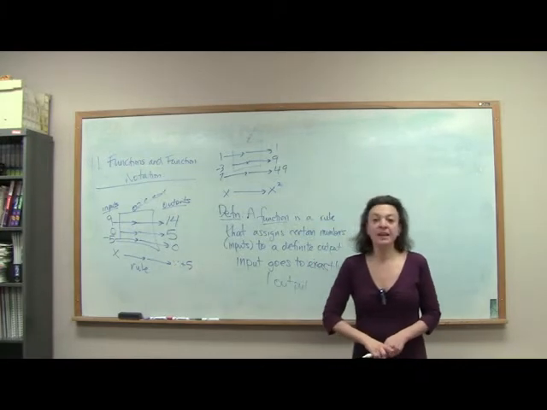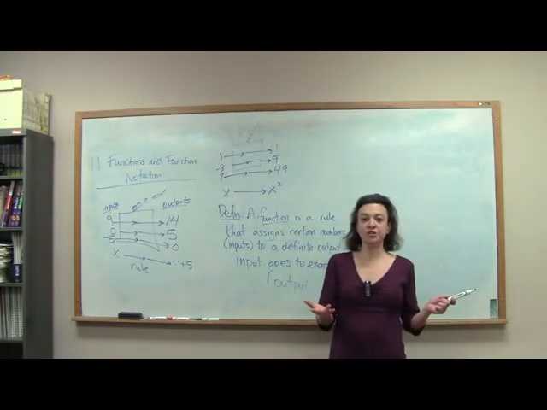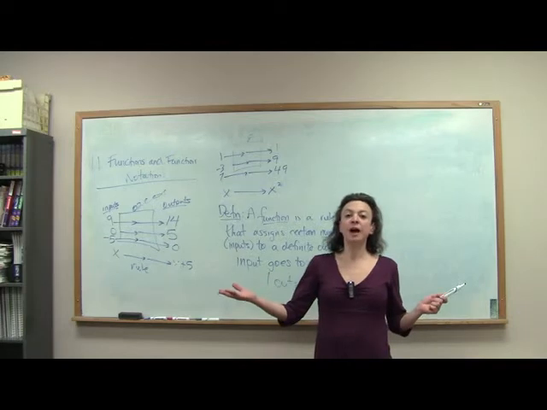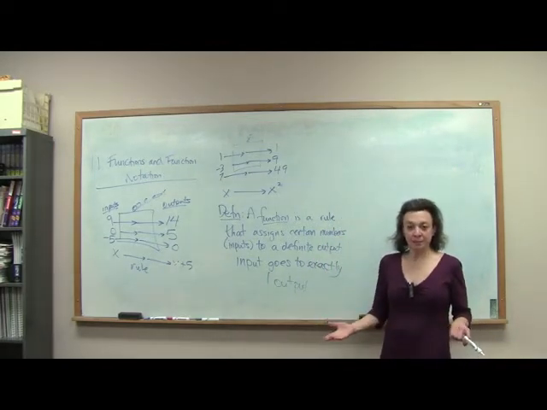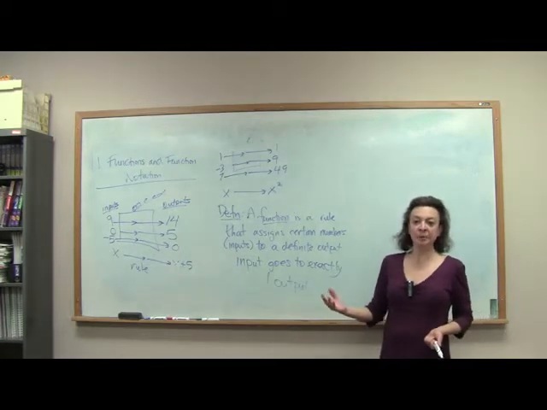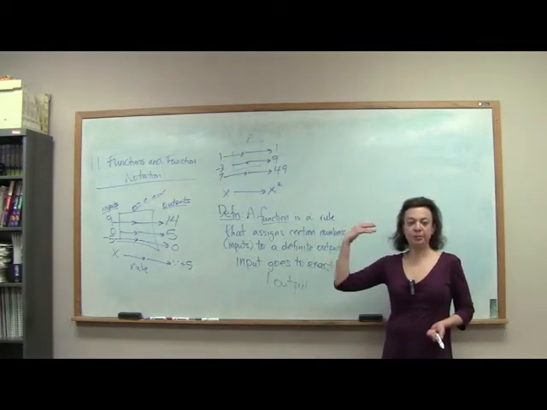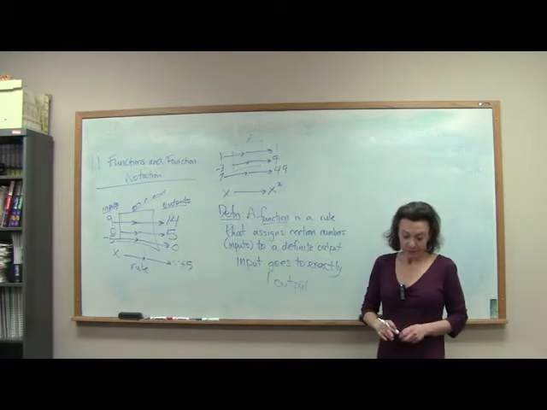Another example is that the distance one travels is a function of the amount of time that they have traveled. Again, the independent variable is the time, and the dependent variable is the distance.